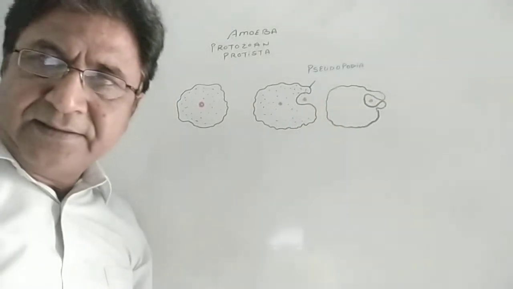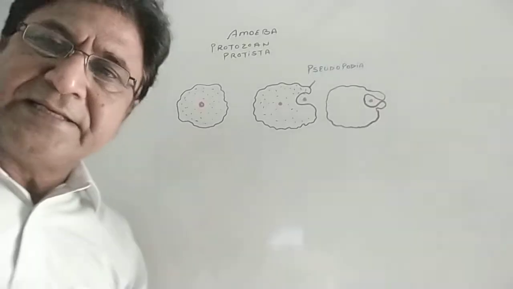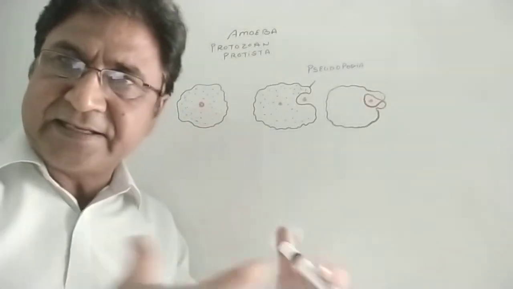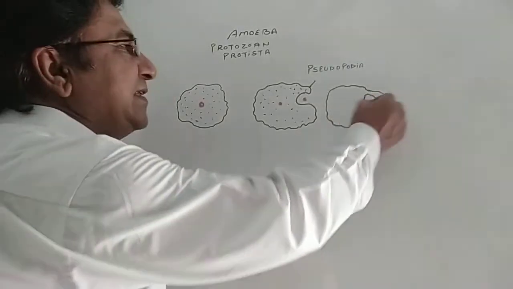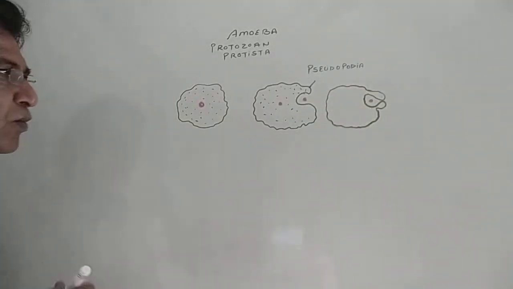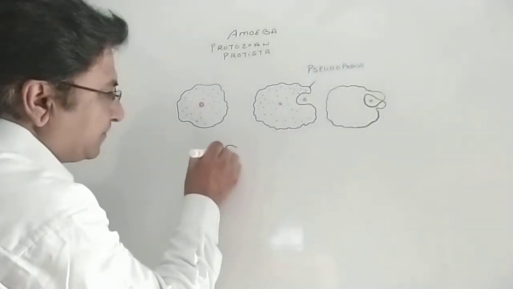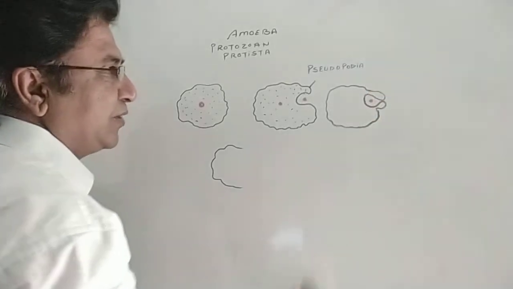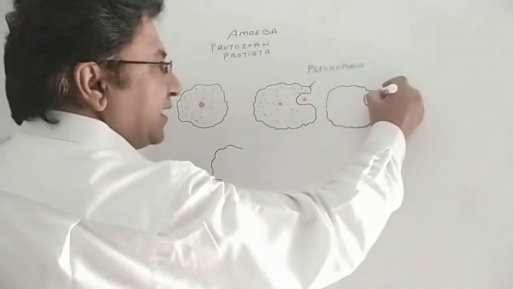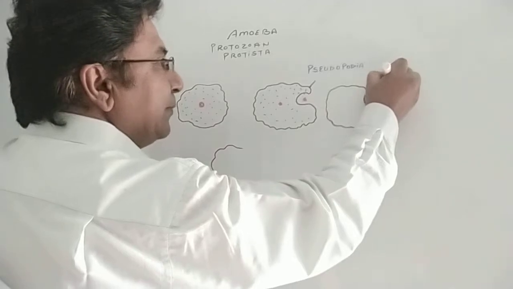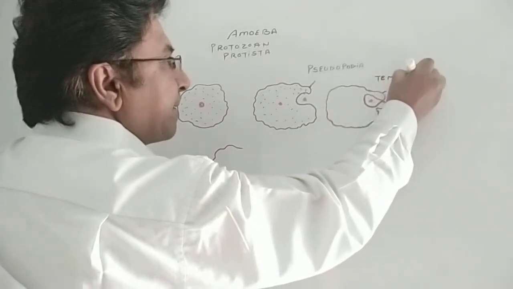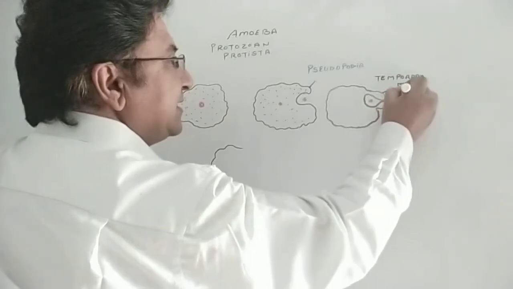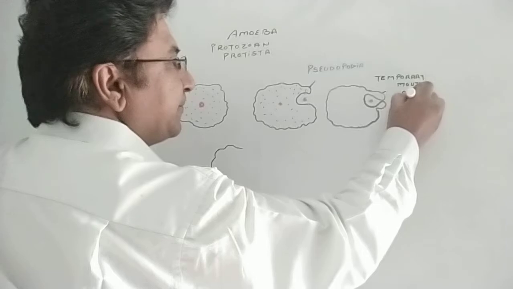What is the food material? These are small bacteria, small microscopic organisms lying just near the water. They engulf this material. Now, in amoeba, this structure of pseudopodia which is formed is called a temporary mouth, or in biological terms it is called gastriole.